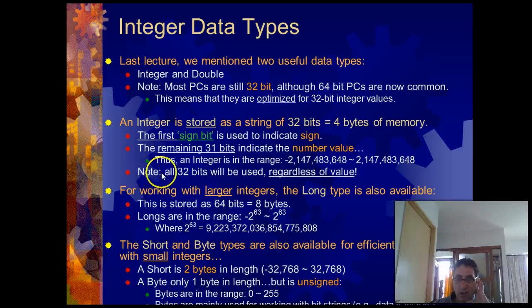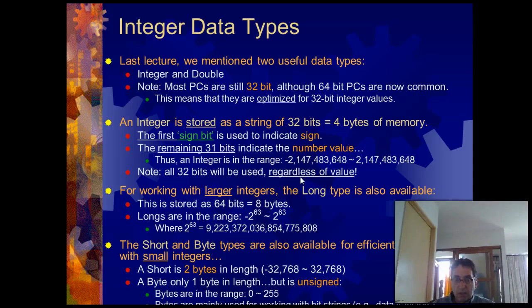Note, all 32 bits will be used regardless of the value. That just means that even if you store a small integer, the computer still reserves the same amount of memory for it, whether it's a big integer or a small integer. The amount of memory that will be reserved is the same.